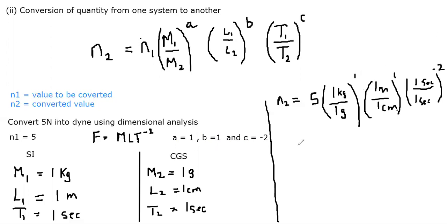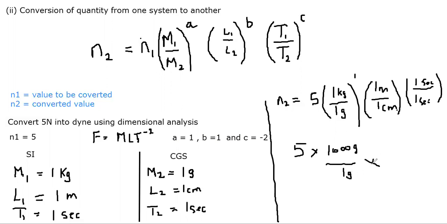Now you just have to solve it. How will you solve it? See, 5 is outside, so no need of changing that. Here we have kg, and here gram. In 1 kg, how many grams do we have? We have 1000 grams. So it is 5 into 1000 gram divided by 1 gram.